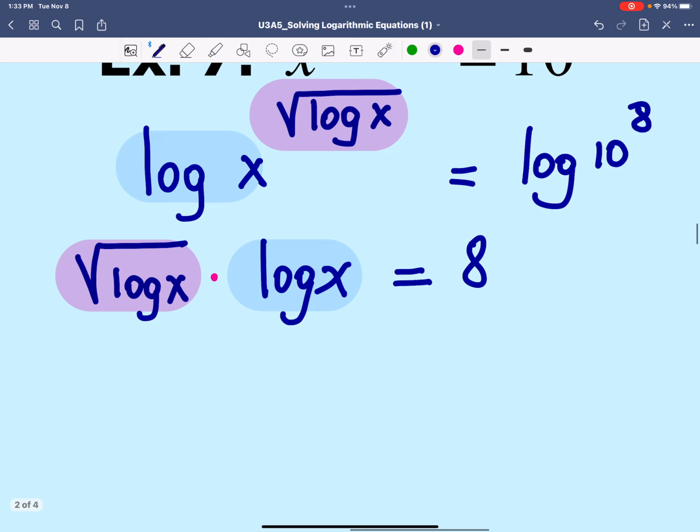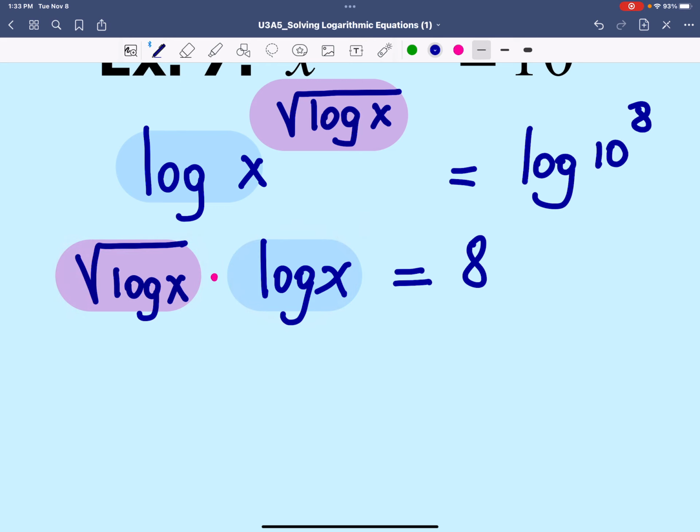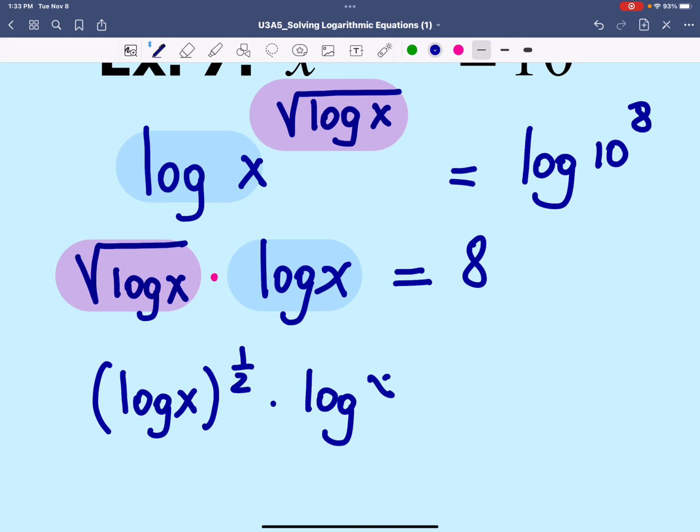So when you look at this equation now, you notice that we have log of x, which if you were to give it a power, would be power 1, and here we have again log of x, but in square root, which means square roots, remember, they're nothing but exponents in rational form. So we'll have here log of x to the power of 1 over 2 times log of x to the power of 1.